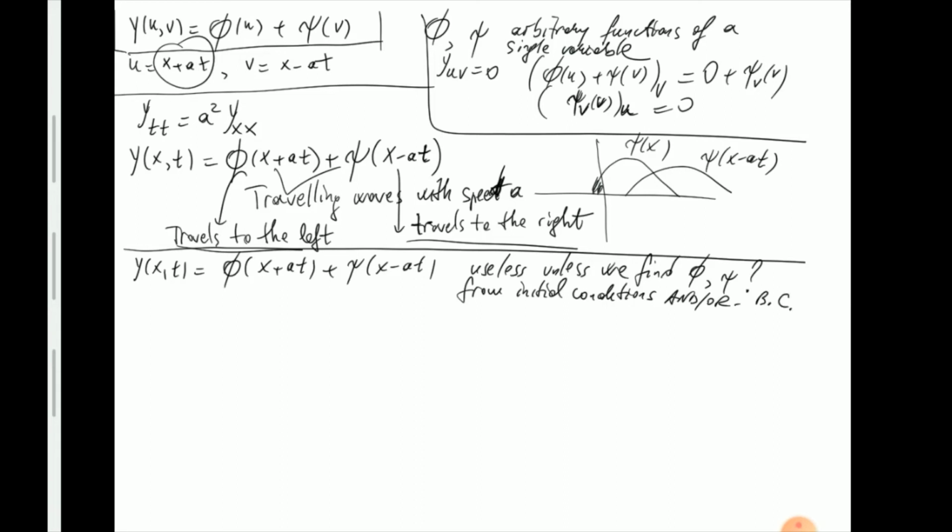This is true, remember, for pretty much all PDEs. The general solution typically depends on an arbitrary function. So that's not really useful if you want to do something in real life with this PDE.